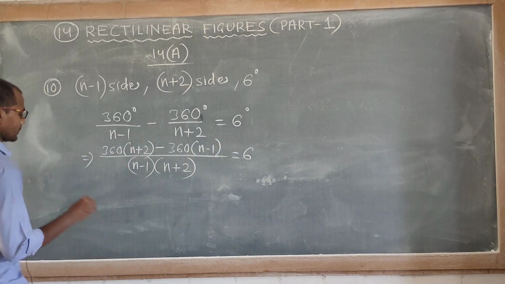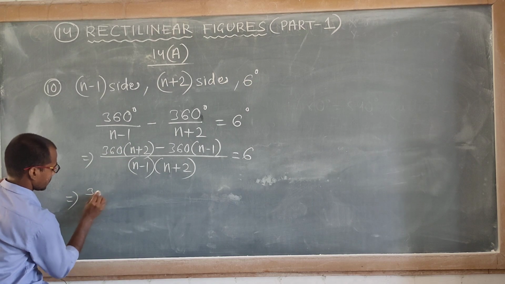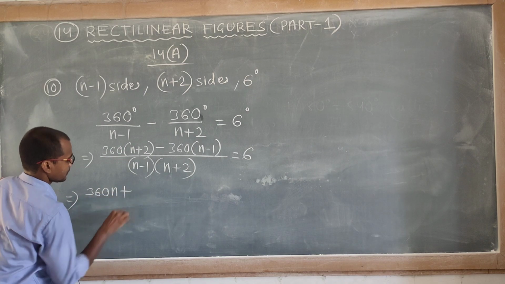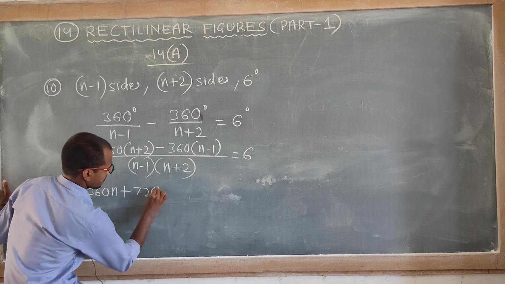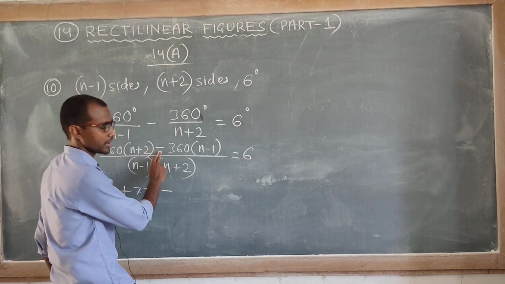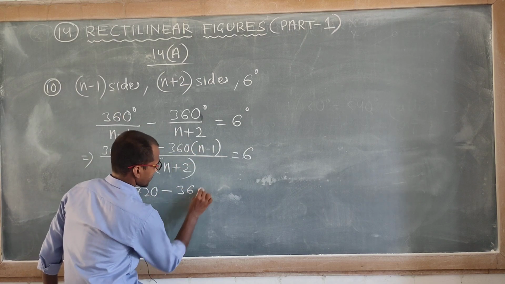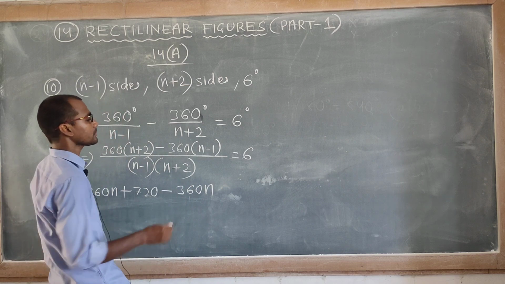Now let us solve this. Open the bracket. 360n plus 720 minus, be careful, whenever you see minus, be careful. Minus 360 into plus n is minus 360n.